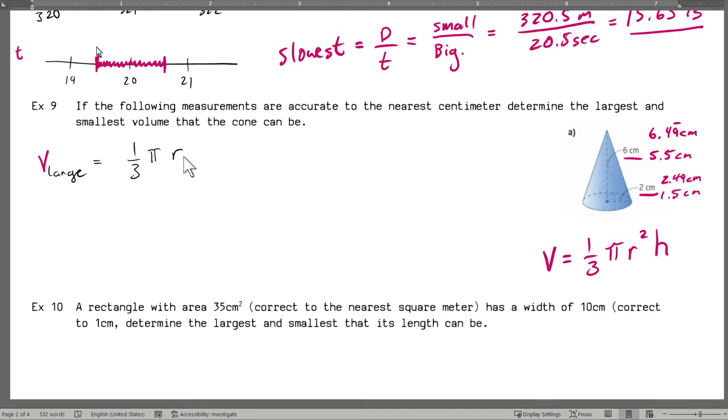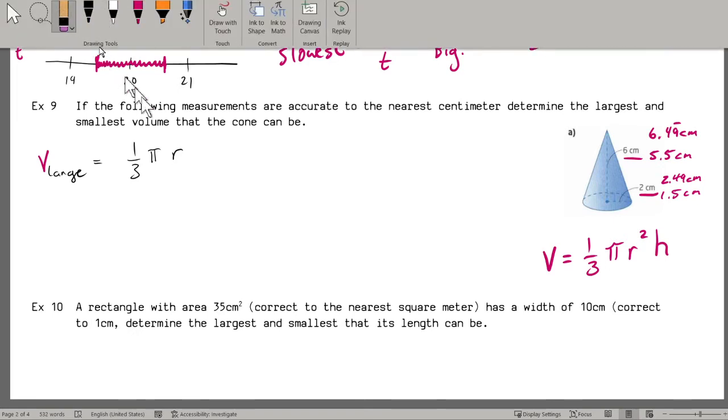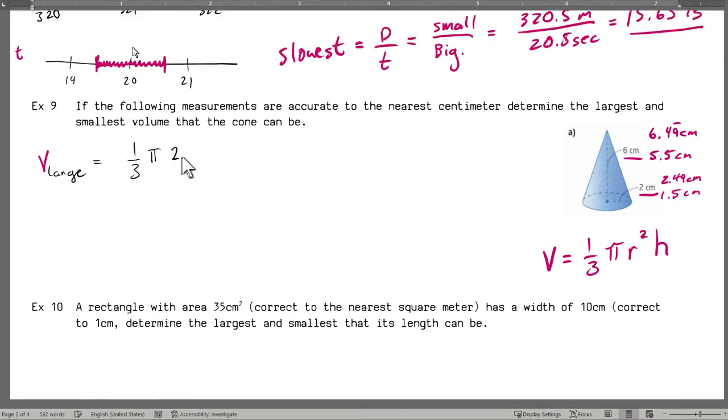So I need the largest r, which is 2.49 squared times the largest height, 6.49 repeating. And this is going to be my largest volume.